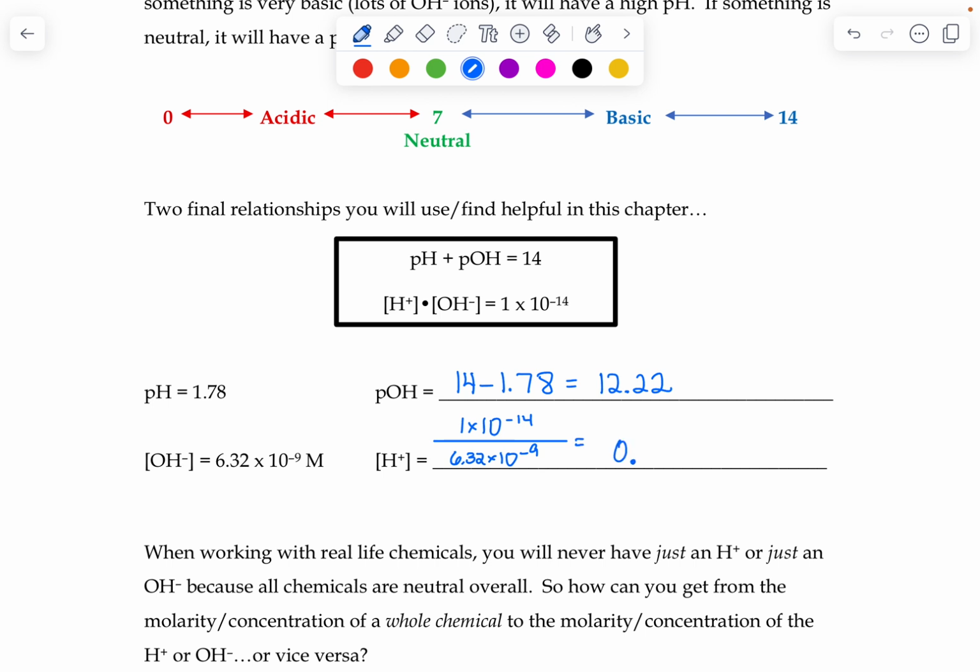Depending on whether your calculator is showing a regular number or a scientific notation number, you might be getting 5 zeros and then 158, or in scientific notation mode, 1.58 times 10 to the negative 6th.